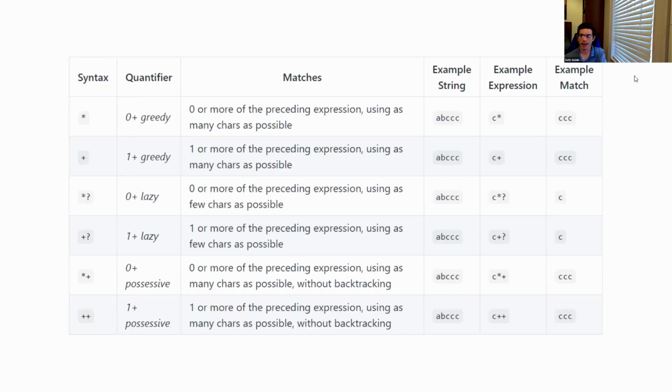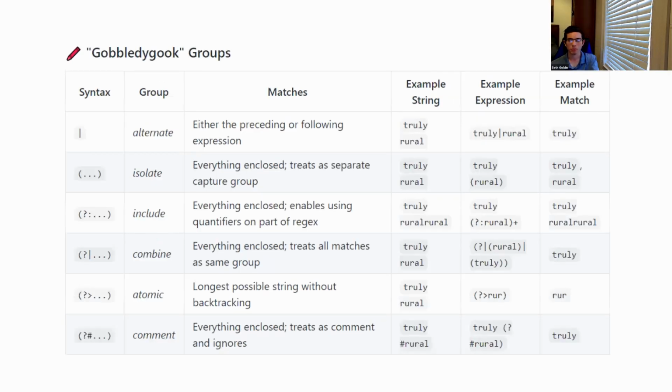And you can see that in the example matches here, where with the greedy quantifier it's matching 3 Cs, and with the lazy one it's only matching 1. Possessive quantifiers are not as commonly used, and in fact, they're not even really supported by either of the 2 primary languages that we're going to be talking about today, but they are there if you want to use them.